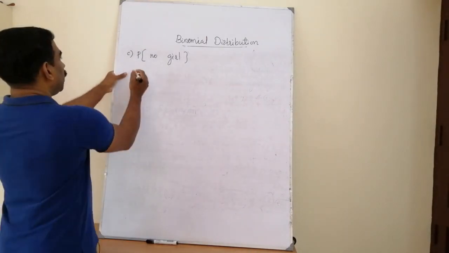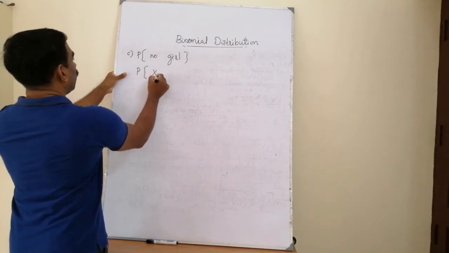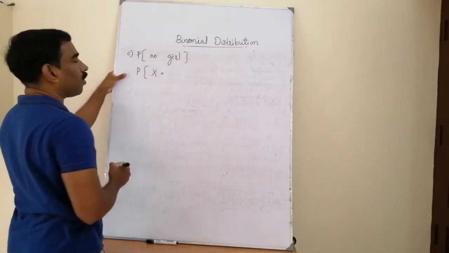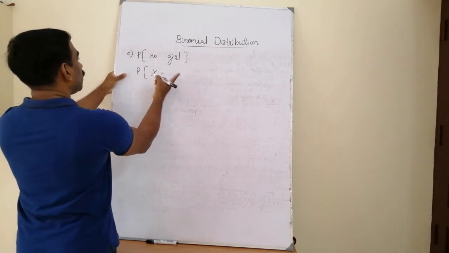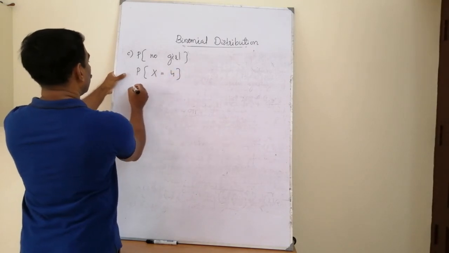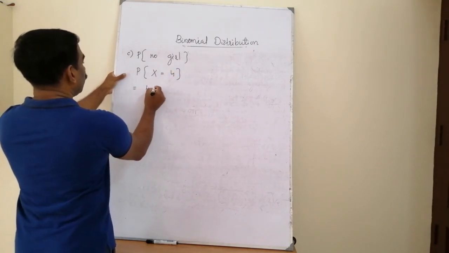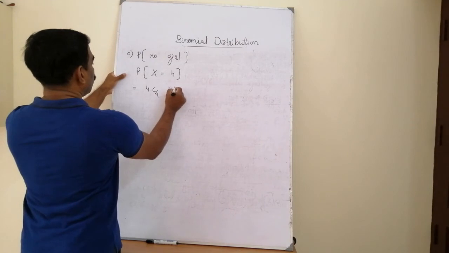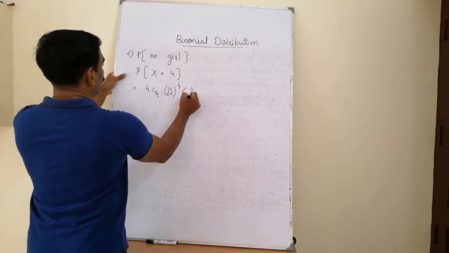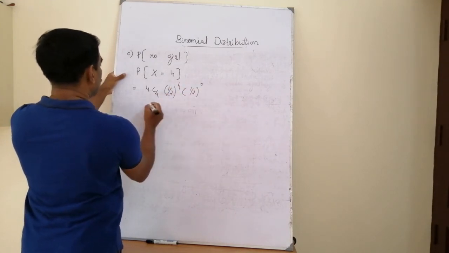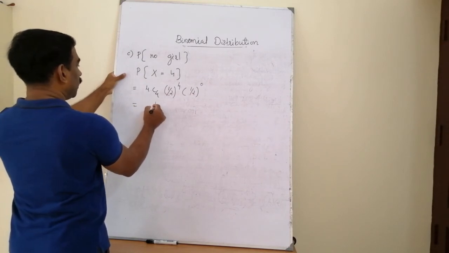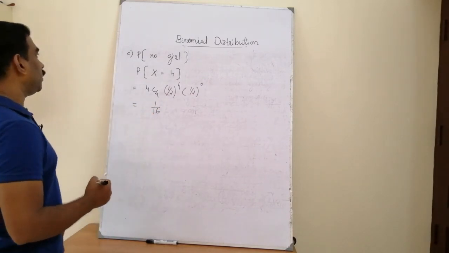Now the probability of having no girl: no girl means all are boys in a family of 4. So X is equal to 4. P(X = 4) is 4C4 (1/2)^4 into (1/2)^(4-4), that is 0. So 4C4 is 1. So again this is 1 by 16.